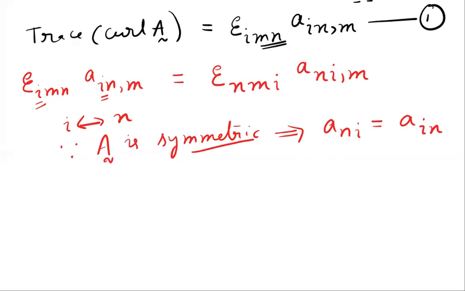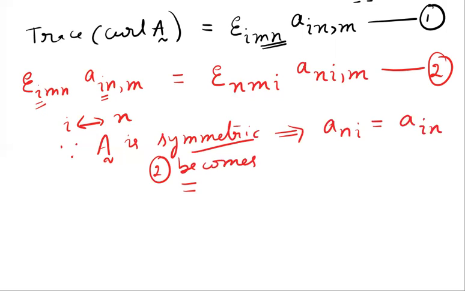If we interchange rows and columns, the corresponding tensor is the same, then that tensor is said to be symmetric. So that's the definition of symmetry. Now using this, the above relation will become, you can call this as 2.